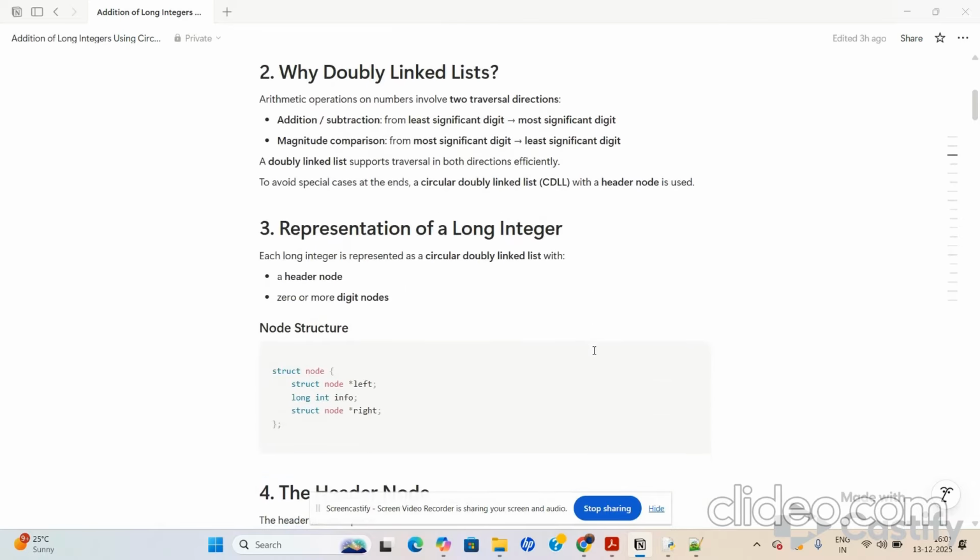Next, an important question is why do we specifically use a doubly linked list? In this particular application, you are performing two major operations. One is the arithmetic operation itself, and the second is that the problem statement goes like this: you have two numbers, let's say number p and number q.